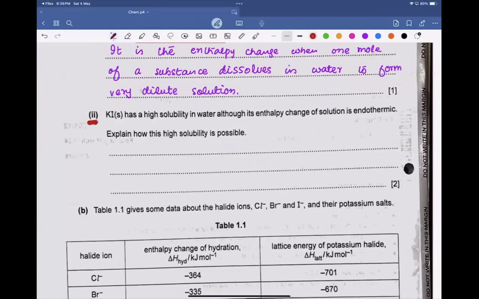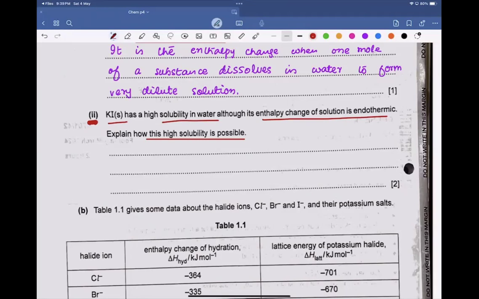Number 2. Potassium iodide solid has a high solubility in water. Also, its enthalpy change of solution is endothermic. Explain how this high solubility is possible. So, enthalpy change of solution is endothermic, which means it needs energy, right? But still, it has a high solubility. So there would be 2 reasons. As we have discussed, the process tends to go in such a way that its entropy increases, right?